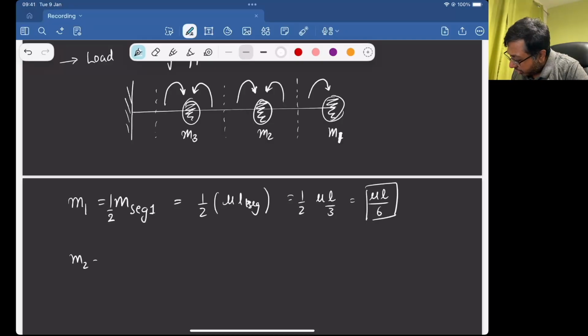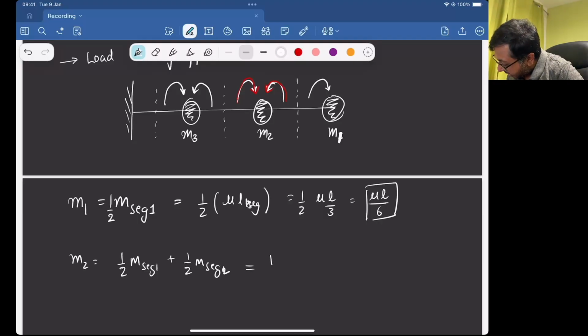Similarly, M2 has half the mass of segment 1 plus also half the mass of segment 2, right? So there's something coming from segment 1 and there's also something coming from segment 2. If I was to write that again, half of each of these segments are equal, so I can write mu into L by 3.